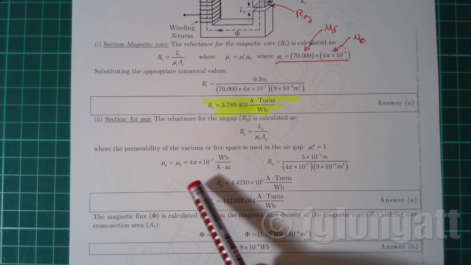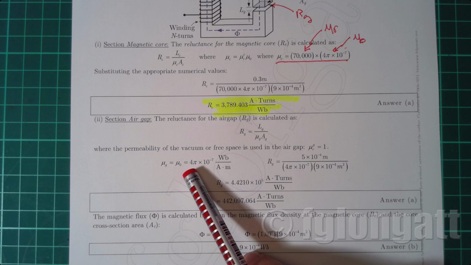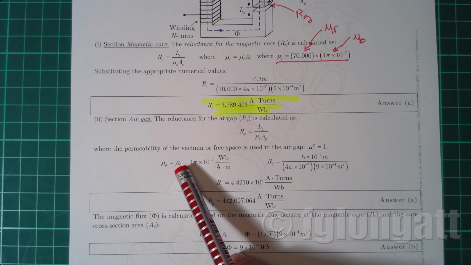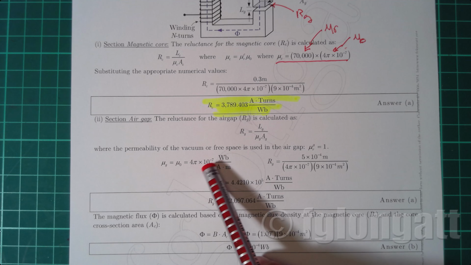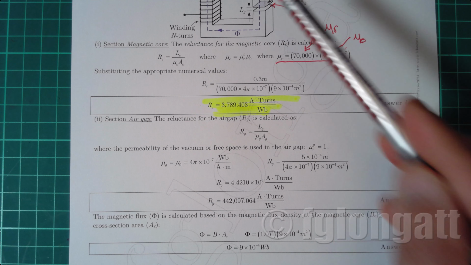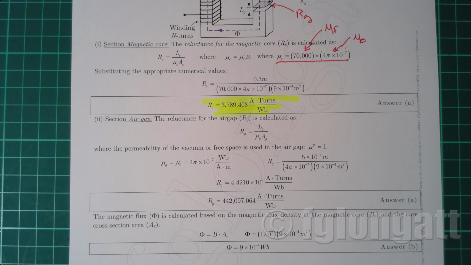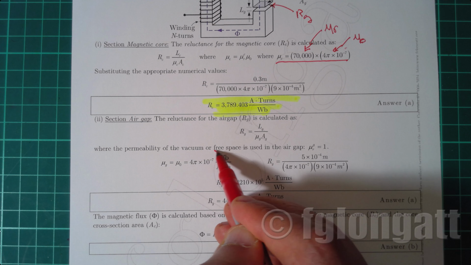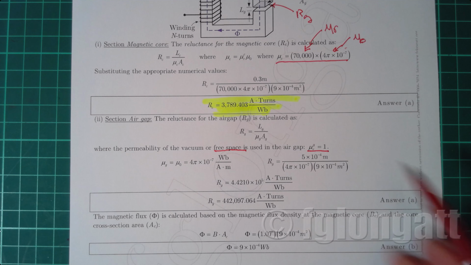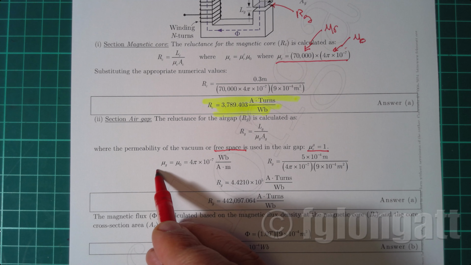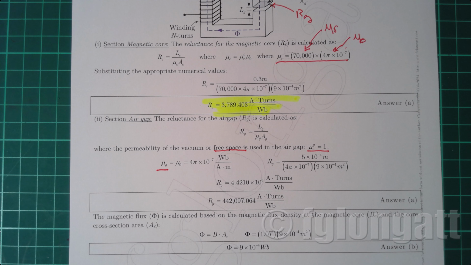The very important relationship here is that we will use the permeability of the vacuum because the air gap is an empty space and we are assuming that it is free space. So the relative permeability of free space is 1, and finally, the absolute permeability is 4 pi exponent minus 7.